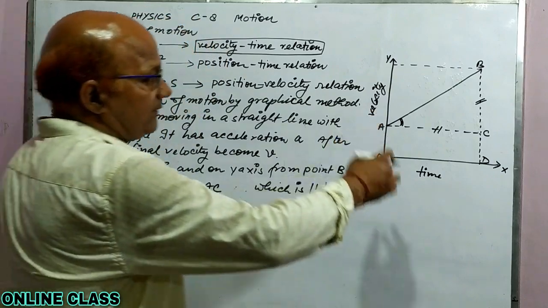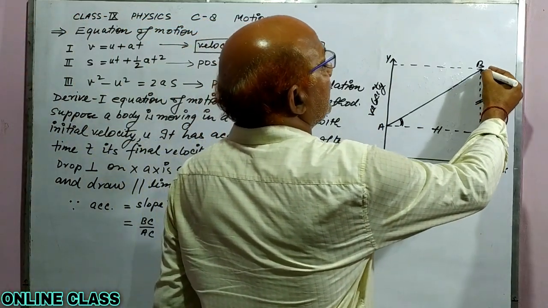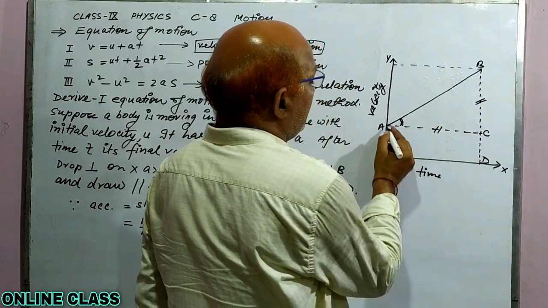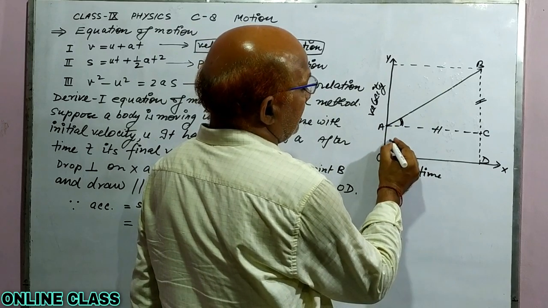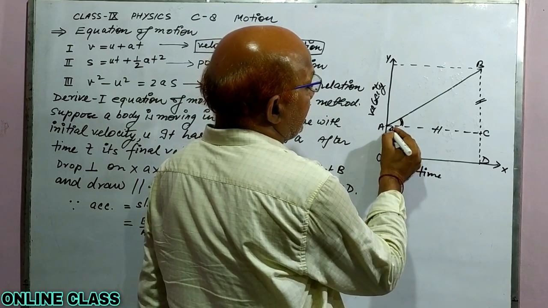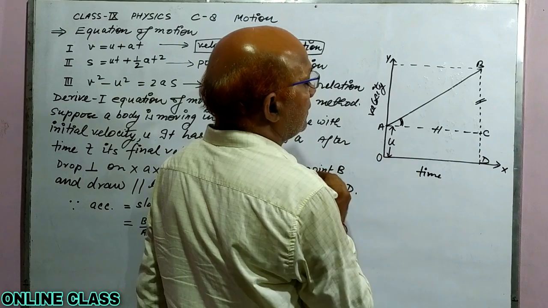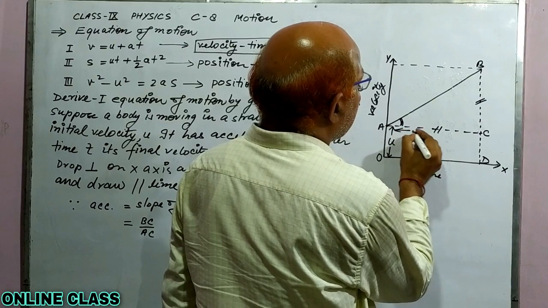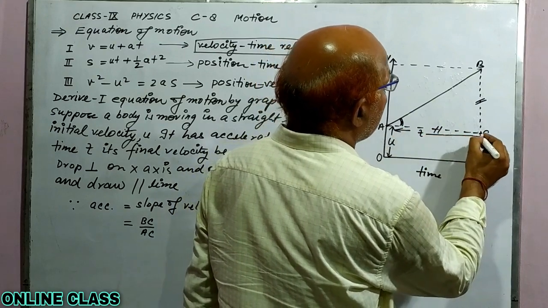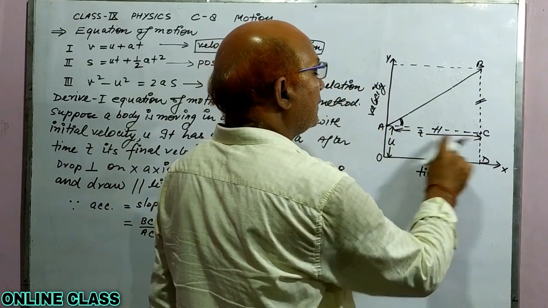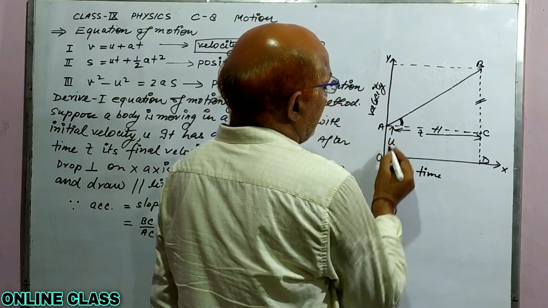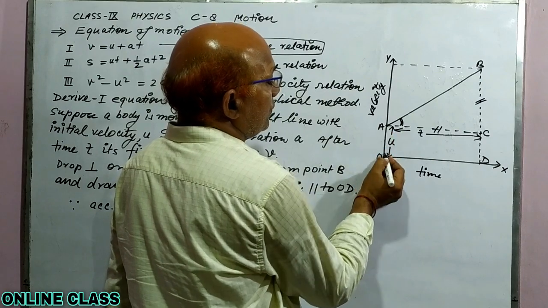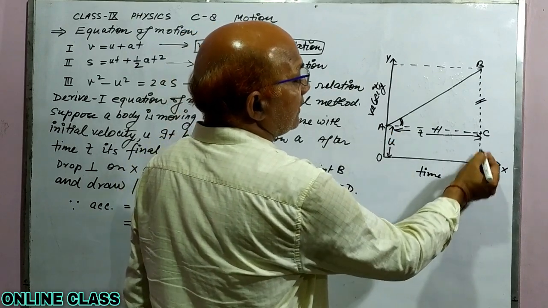Now, as you can see, this portion is BC, and this portion in the graph is representing initial velocity u, and AC is representing time t from A to C. Okay, and you can see in this graph OA equal to CD.